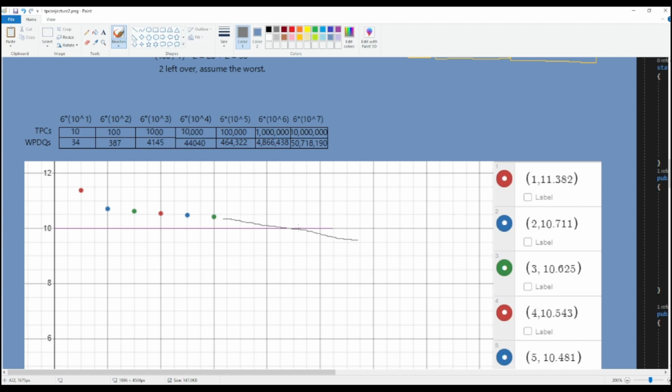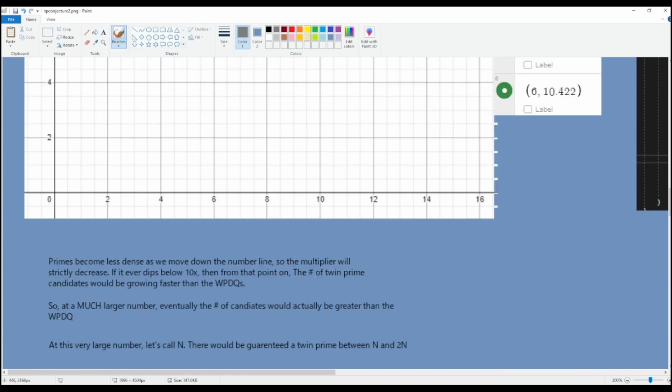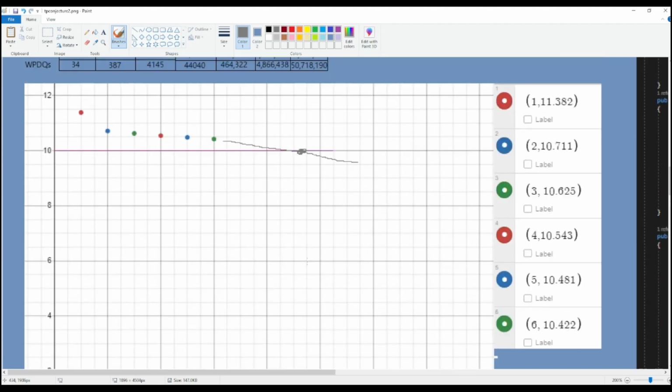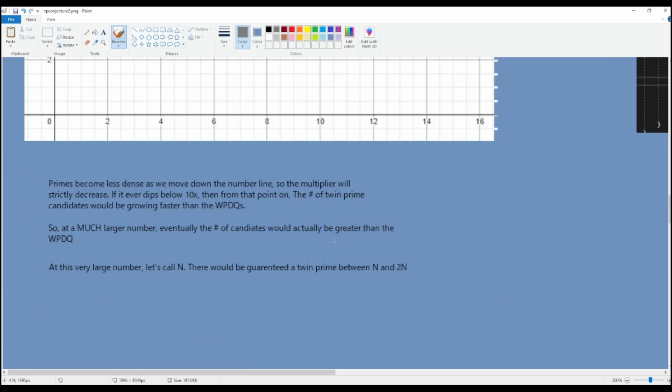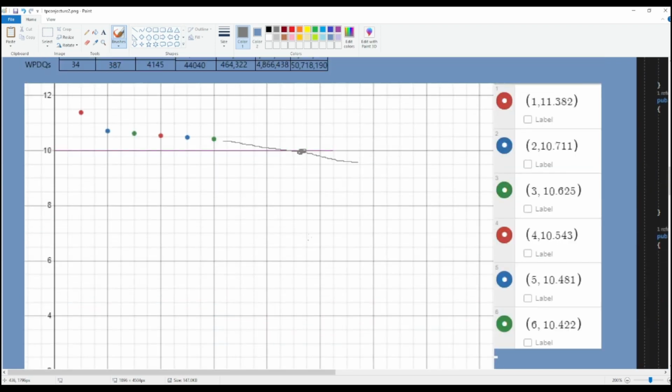So at that point onward, TPCs will be growing faster than disqualifications. And we know this is true because we know primes become less dense as we move up the number line. So this multiplier for disqualifications will go strictly down. And at that point, the growth will change, like I said.